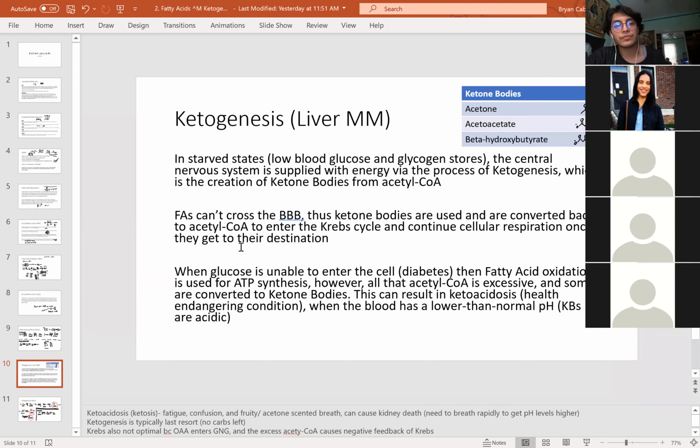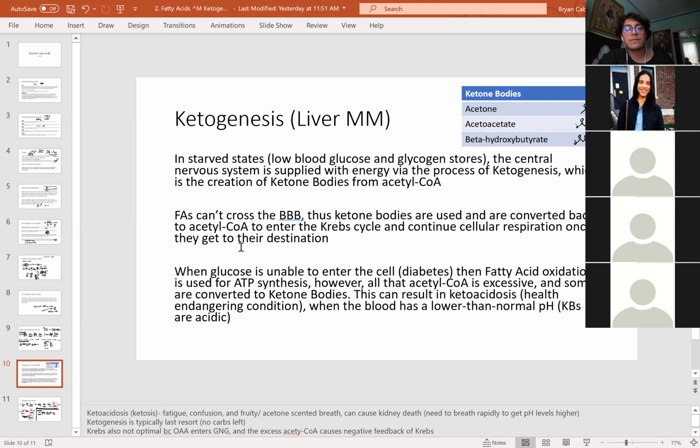The last thing we're going to talk about is ketogenesis. Whenever we're starved, let's say we have low blood glucose and our glycogen stores are pretty much depleted, how can we do cellular respiration if we don't have glucose or carbohydrates to oxidize?